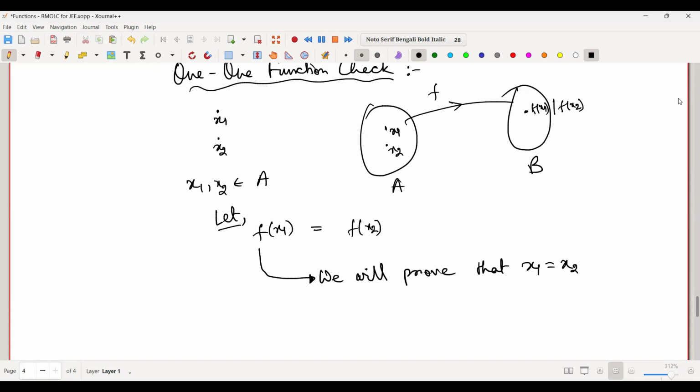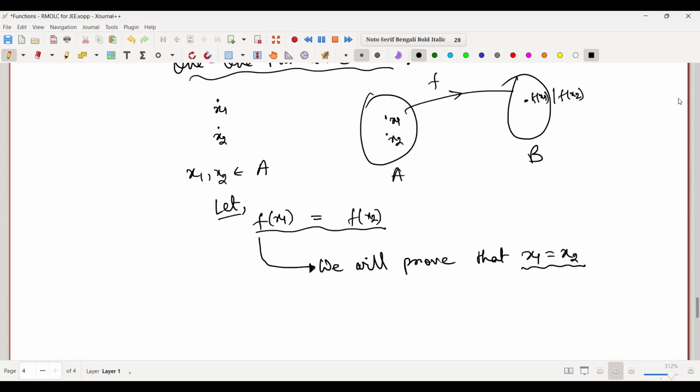That means whenever the images are the same, f(x1) equal to f(x2), then those elements from the domain should be the same. That means each and every element of the domain has a unique image.